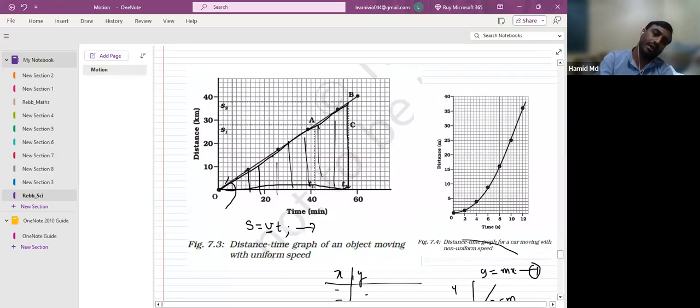So my point is that if you calculate the slope of position versus time, then you will get velocity.